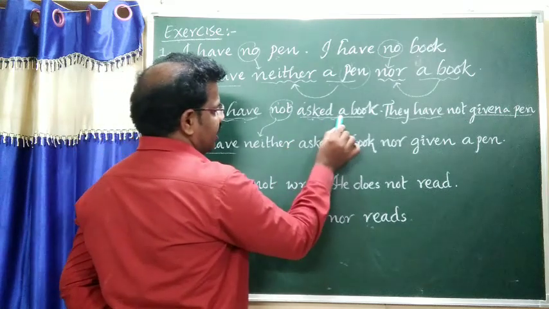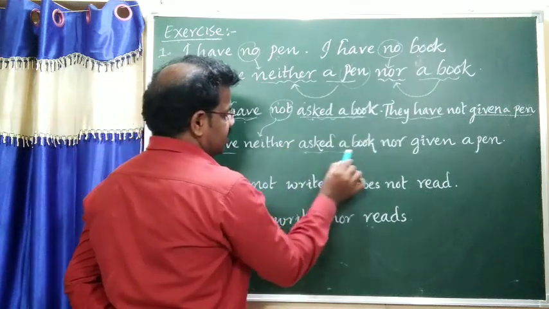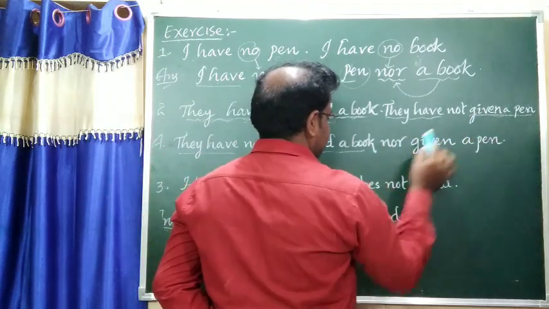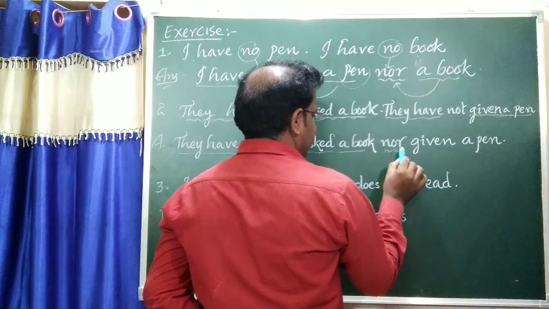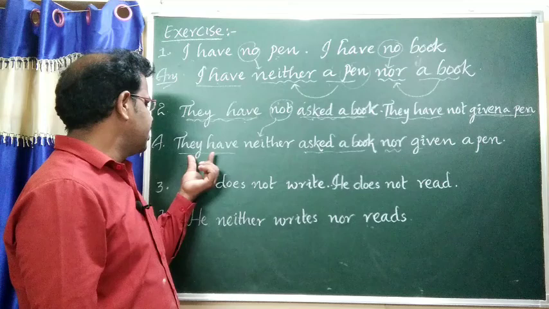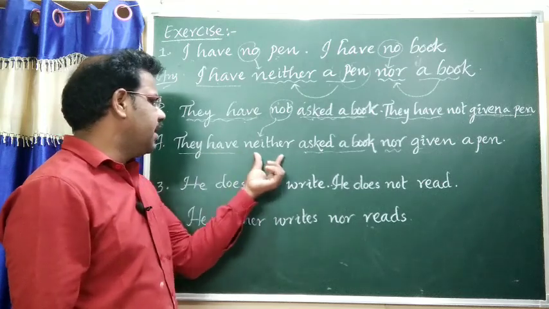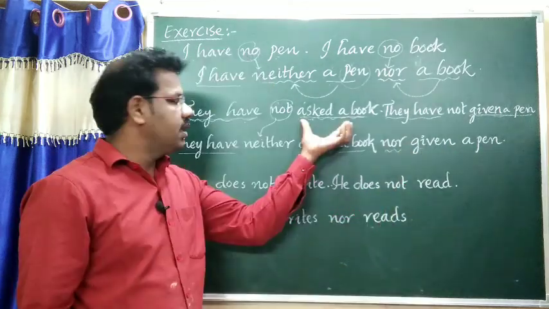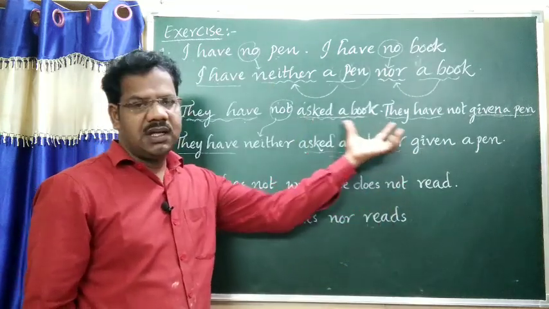This is one uncommon word: asked a book. Before another uncommon word, given a pen, we have written nor. Then the answer, they have neither asked a book nor given a pen. Here the helping verb and object are different.